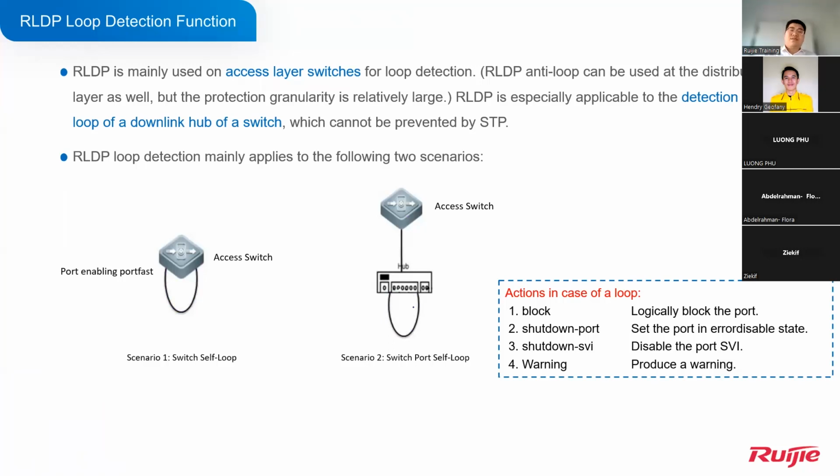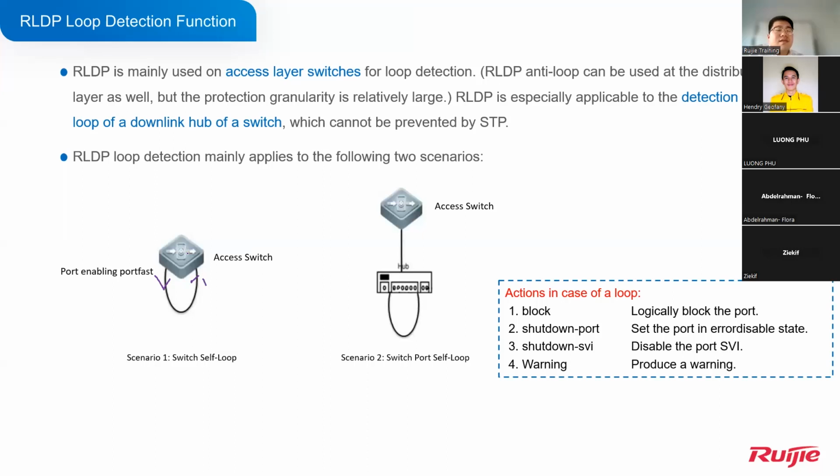In this case we can use IODP, and the working principle of IODP is quite easy. IODP will send out the packet periodically, and once it can receive the packet from itself, it knows there is a loop.